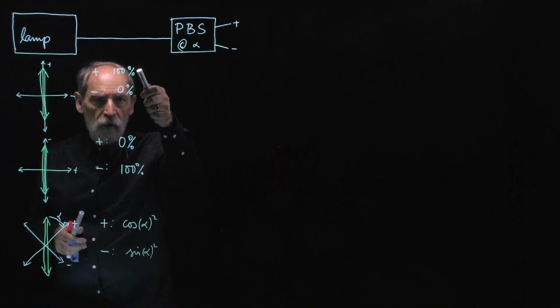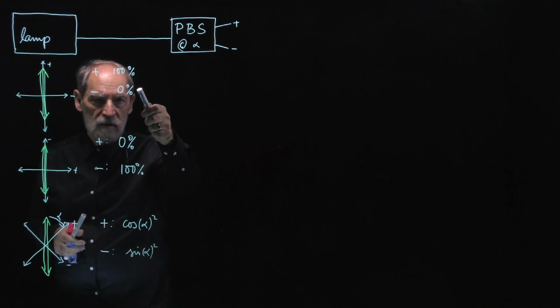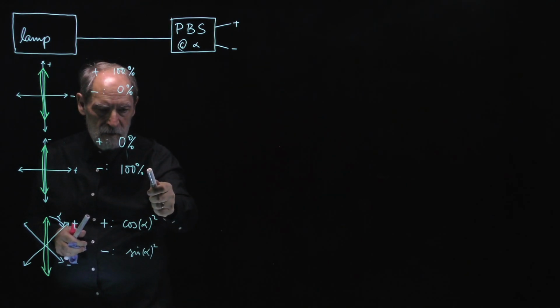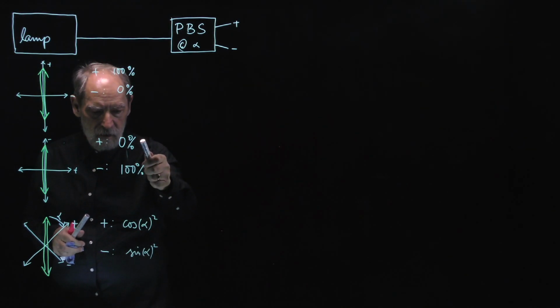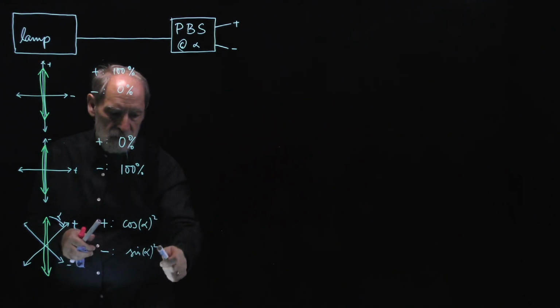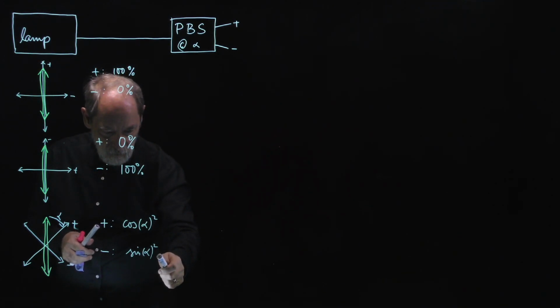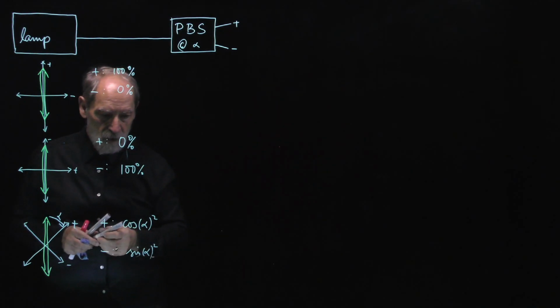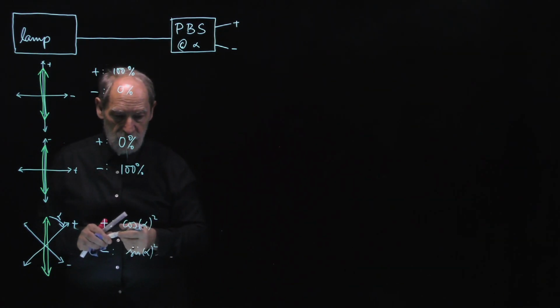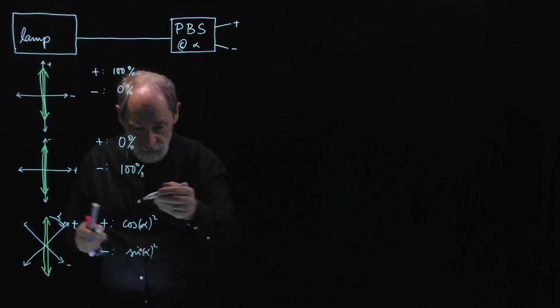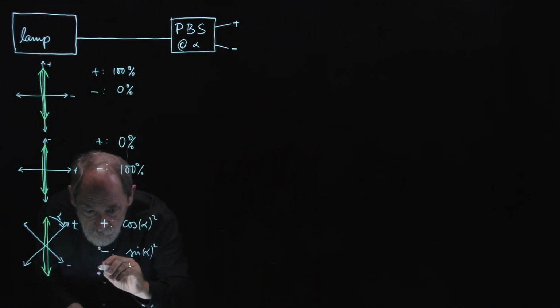So here we had all of the intensity at plus, no intensity at minus, all of the intensity at minus, no intensity at plus, some intensity at plus, some intensity at minus, according to this fraction of cosine alpha squared and sine alpha squared. And this is a very, very well established fact.